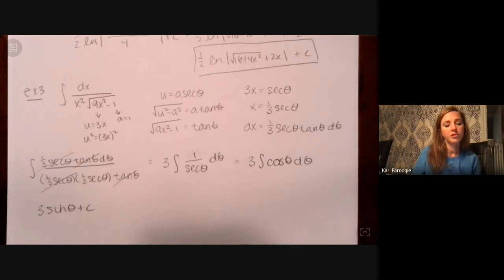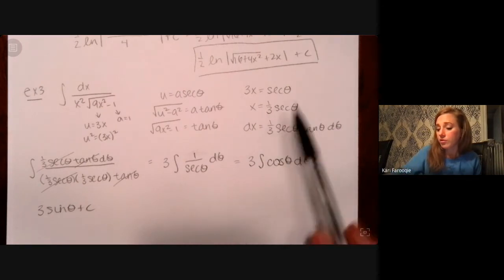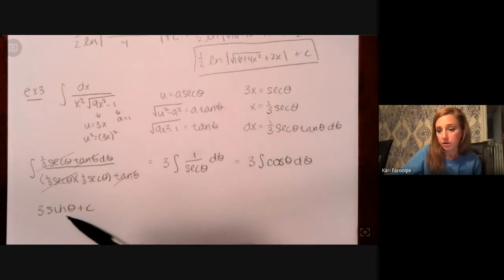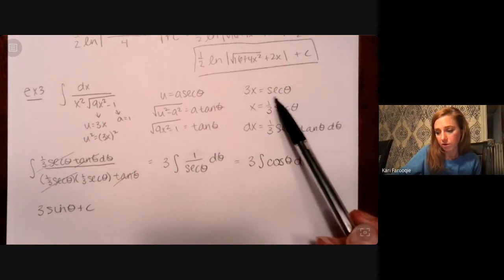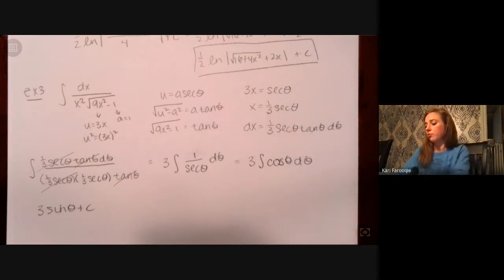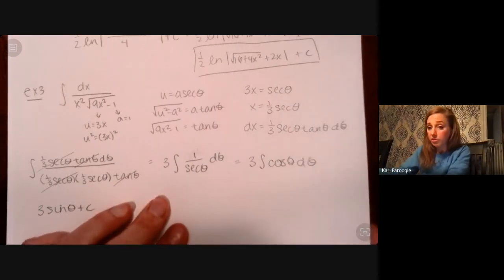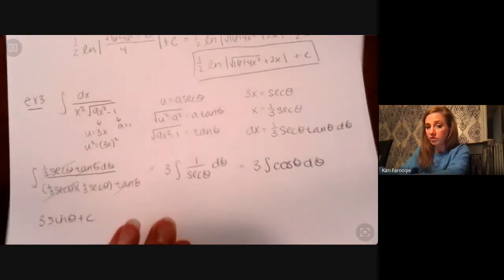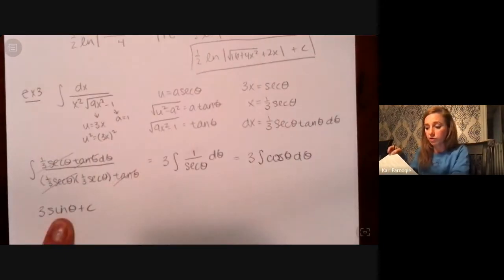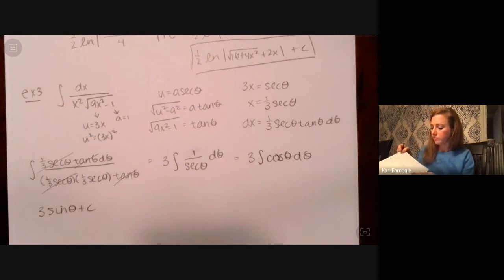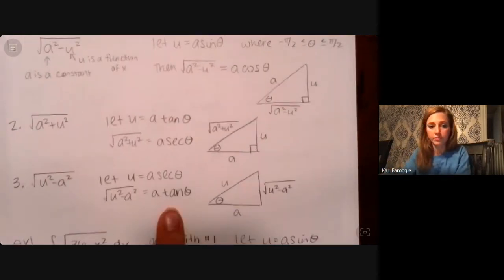So this is another instance where I don't want you to freak out because you're like, oh man, I have to do trig. Technically, you really don't have to do trig. I'm going to show you why in a second. But notice that you don't have sine theta in your definitions. You have secant theta, you have tangent theta. So I personally find that the easiest thing to do in this instance, if you don't have the function already solved up here, is look at your triangle.